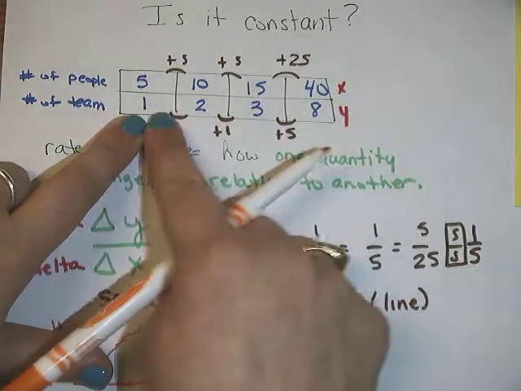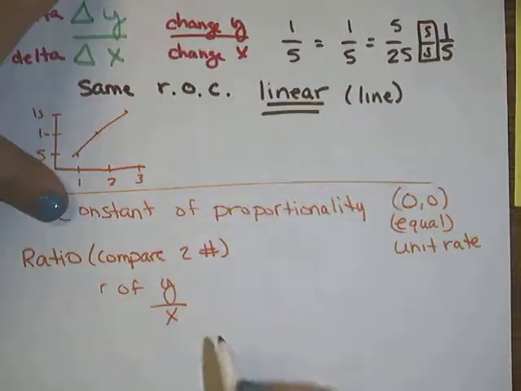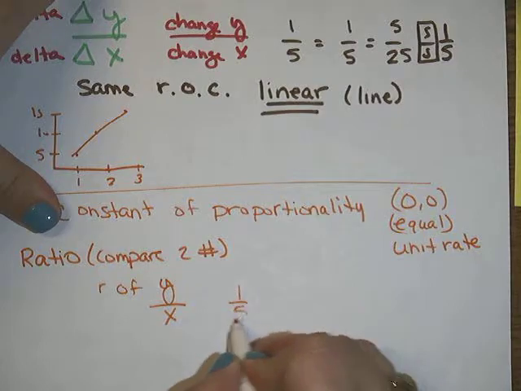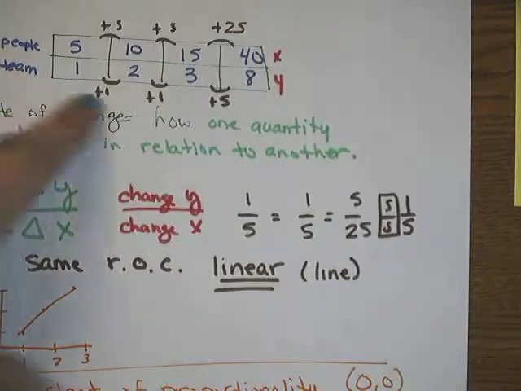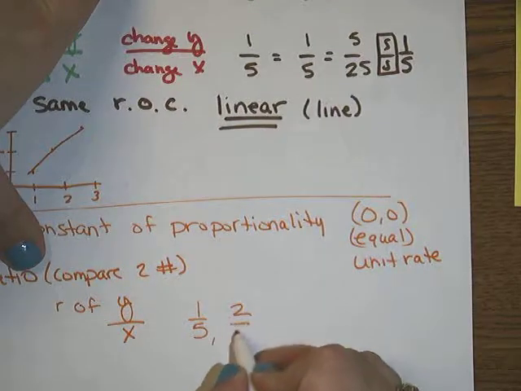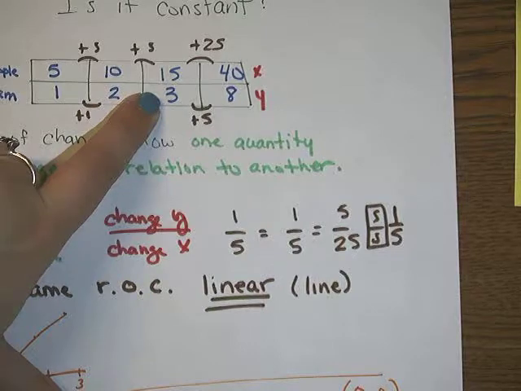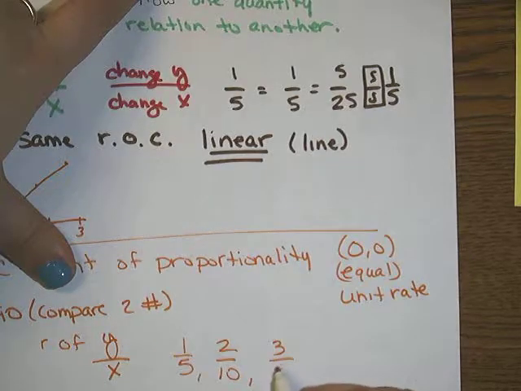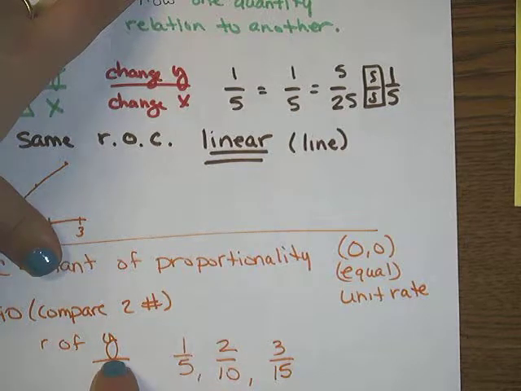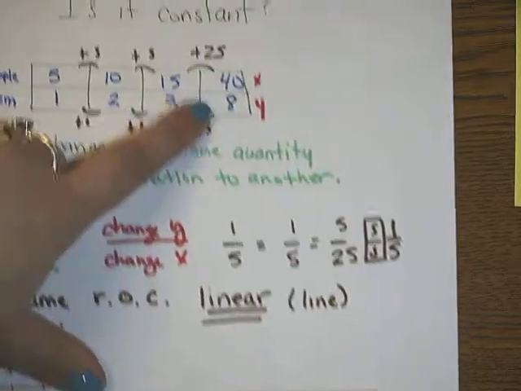So I'm going to go back up here to my chart. My very first y is what? 1. My very first x is what? 5. So I'm going to say, okay, 1 over 5. My next one is 2 over what? 10. My third one is 3 over 15.